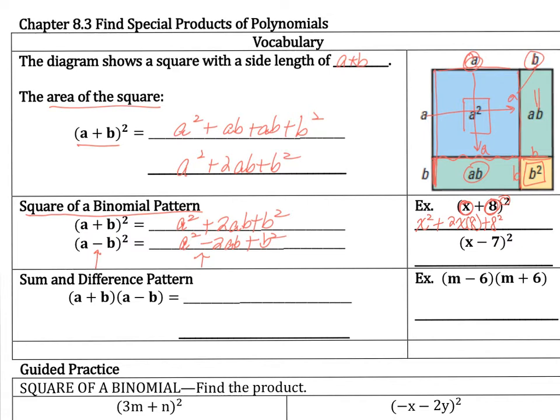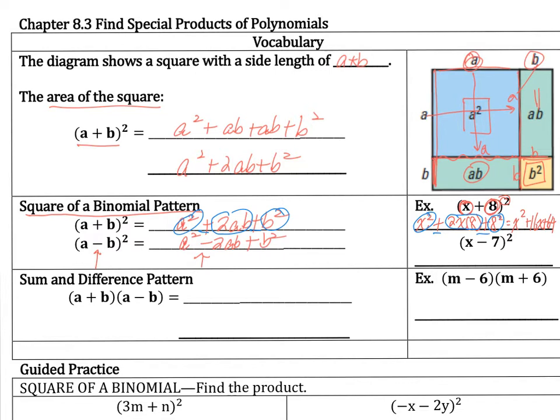So again, the x squared will represent the a squared here. 2 times x times 8 will represent 2ab, and then 8 squared will be your b squared. And then your signs are still positive. Okay, so you pay attention to that. And then now, x squared plus 16x plus 64.